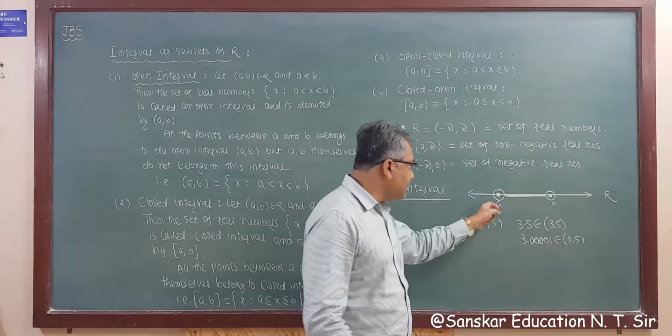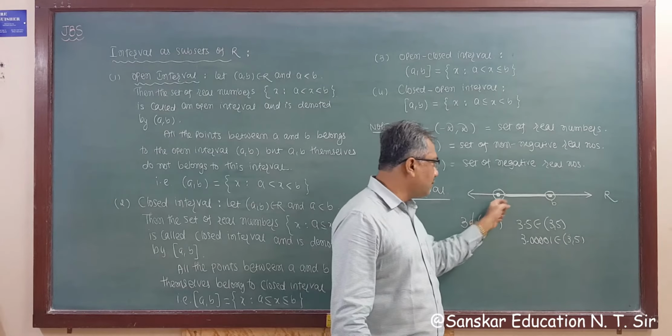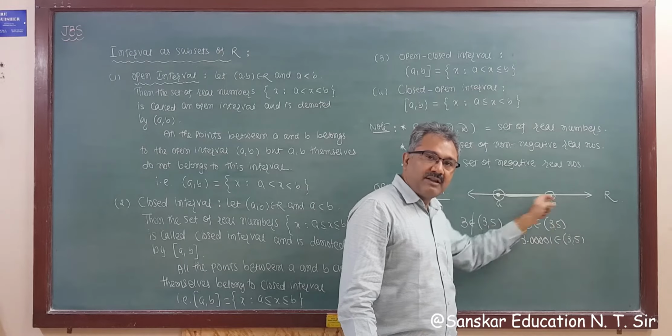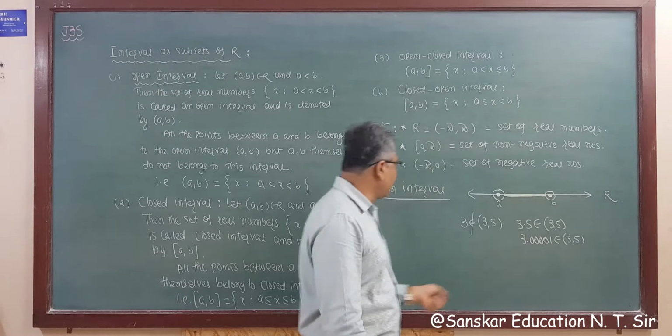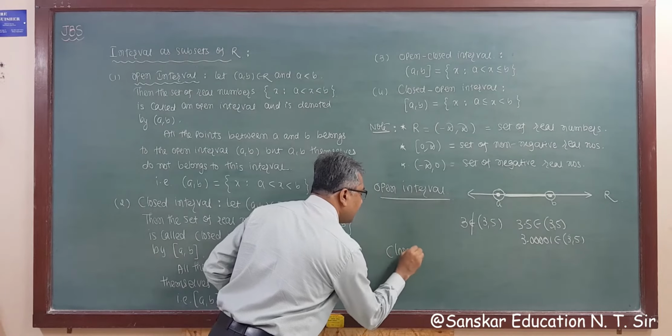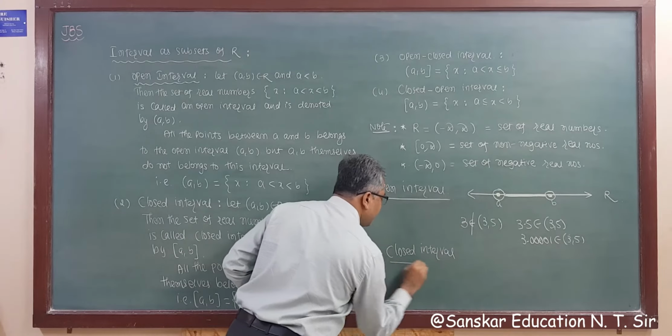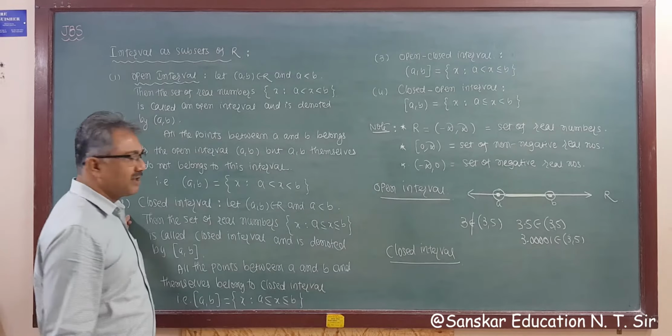If both these end points are also included along with all the points between a and b, then it is said to be a closed interval. That is our second definition, the closed interval.